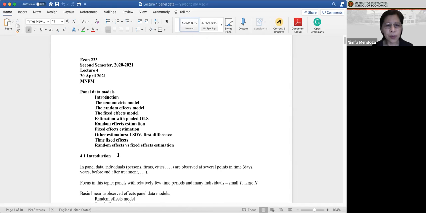Okay, let's go to fixed effects versus random effects estimation.